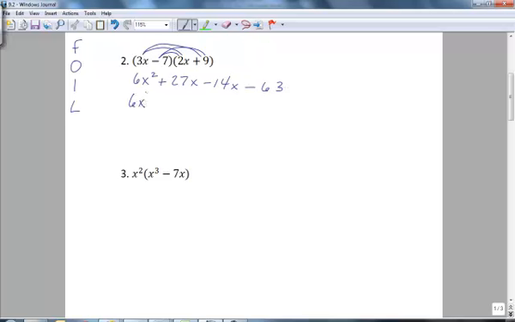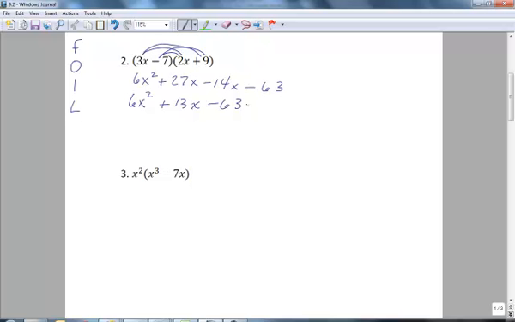So positive 27x and a negative 14x makes 13x. Notice I'm being consistent with the rules that we talked about in 9.1. Whenever you add terms, you combine their coefficients, but you leave the exponents in the variable alone.